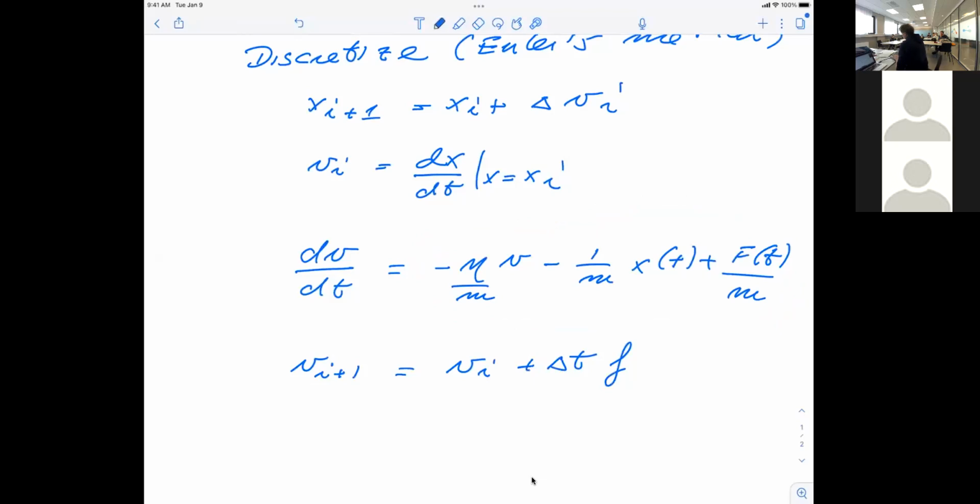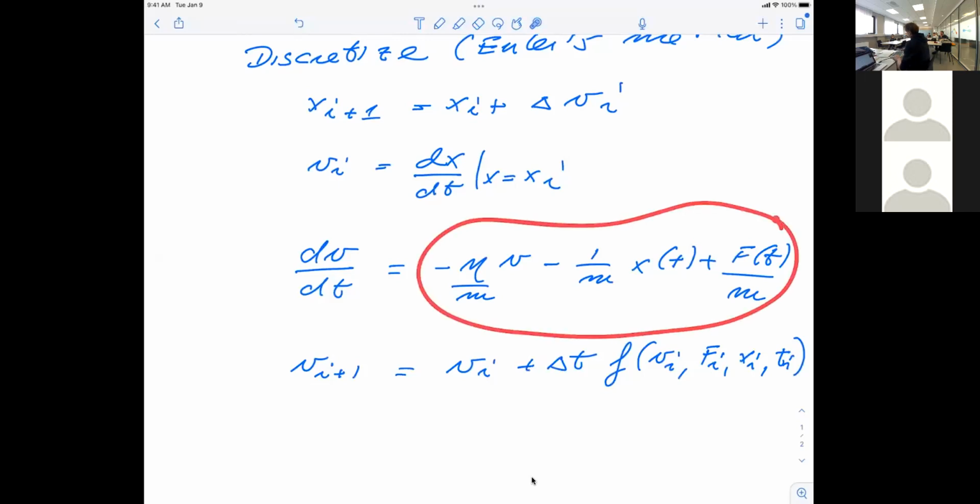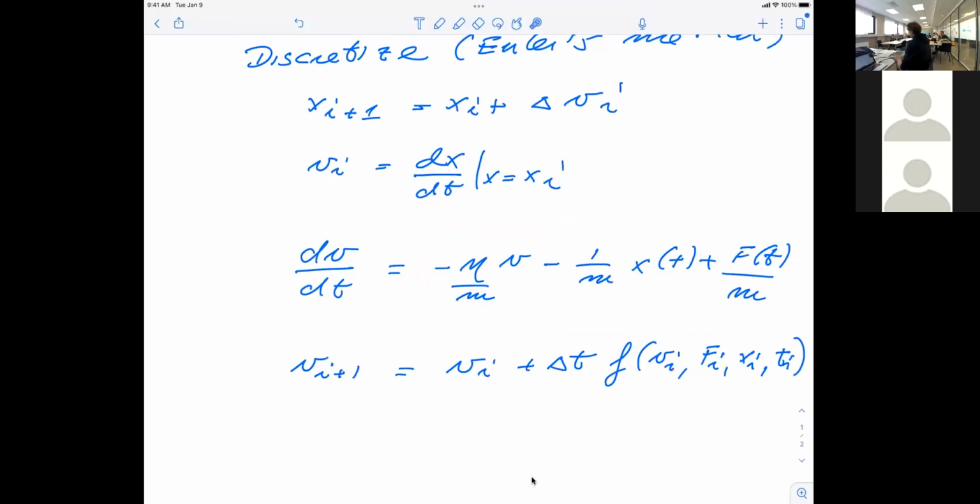This function is going to depend on the velocity at this time step, and the force f of i is going to depend on x of i, and it would also depend on the time step t of i. So what I've done simply is collect all these terms which represent the derivative for the velocity in terms of a function f, which includes all these terms. So there is a dependence on the velocity at a given position, of this specific force on time and x of i.